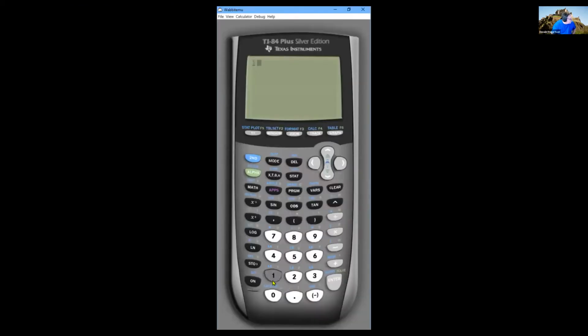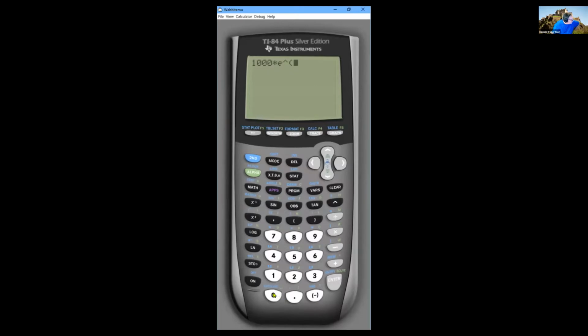Clear that out of the way. So it's going to be 1,000 times e to the power. I get e by using this button over here. So if you go second ln, you get the e to the power.